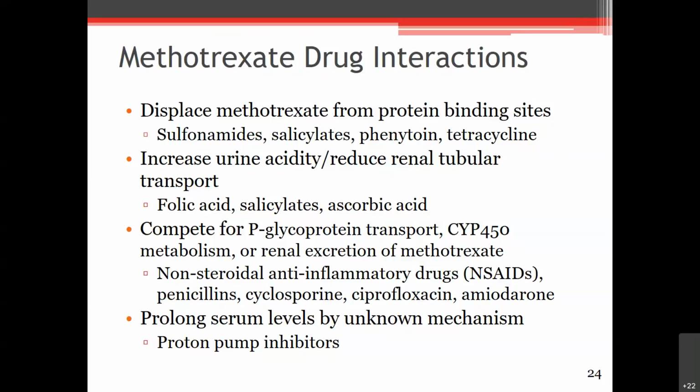So it's important to know in that situation that when you're selecting an anti-pseudomonal antibiotic, we would want to avoid Zosyn, but would be okay with something like cefepime or meropenem from a drug interaction perspective. And then finally, we do have some other drugs such as PPIs that can delay methotrexate clearance, but the mechanism for that is less well understood.